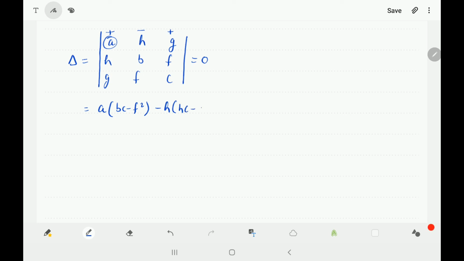So you will get HC minus GF, plus G into, you remove the row and the column elements, you will get HF minus BG. I hope it is clear. Look at it again: A times (BC minus F square), minus H times (HC minus GF), plus G times (HF minus BG).